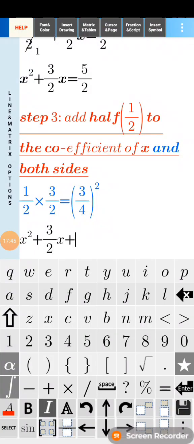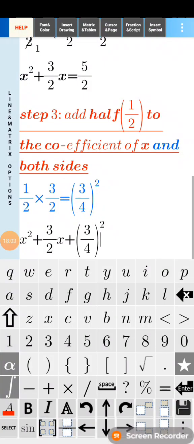I said add half, so open brackets, 3 over 4, close bracket, raised to power 2, equal to 5 over 2.